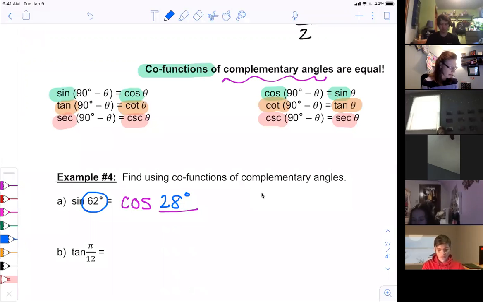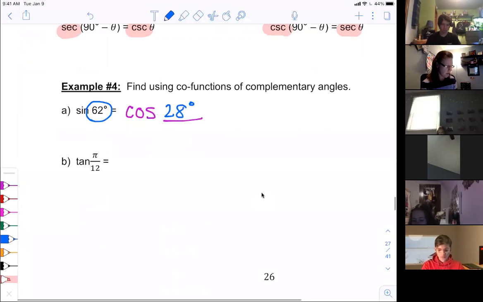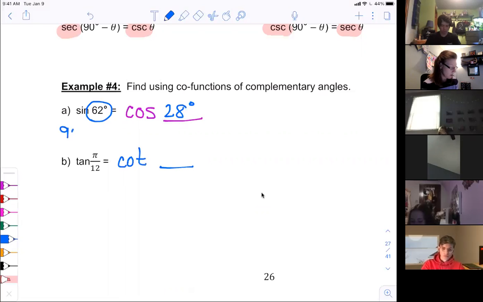So if we look at the next one, it gives us the tangent of pi over 12. Well, tangent and cotangent are co-functions, but we need to find the complementary angle. So remember, complementary means two angles that add to be 90, or two angles that add to be pi over 2.